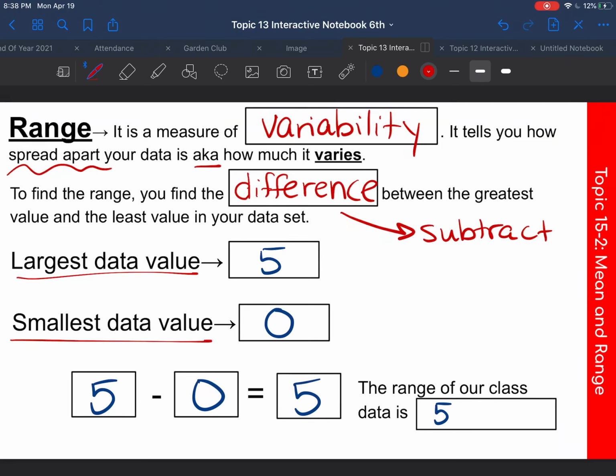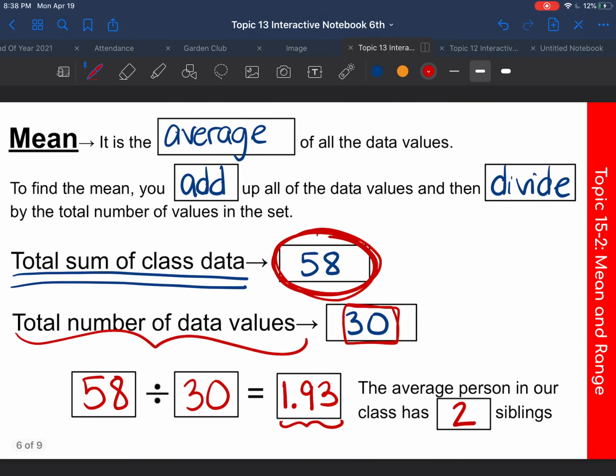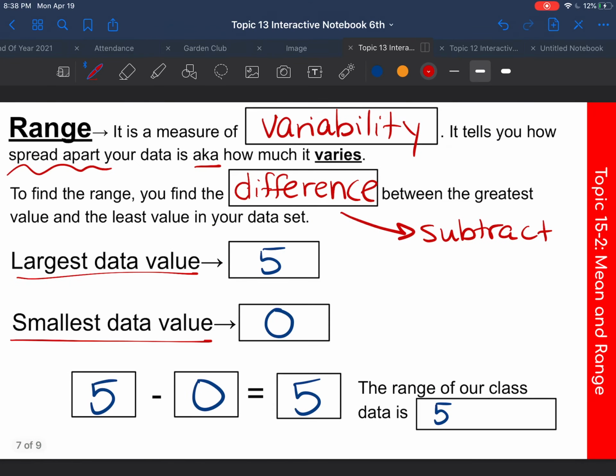In your Google Classroom, there is a template that you are going to use to put in your mean and your range for your project. Now this is all going into a statistics project.